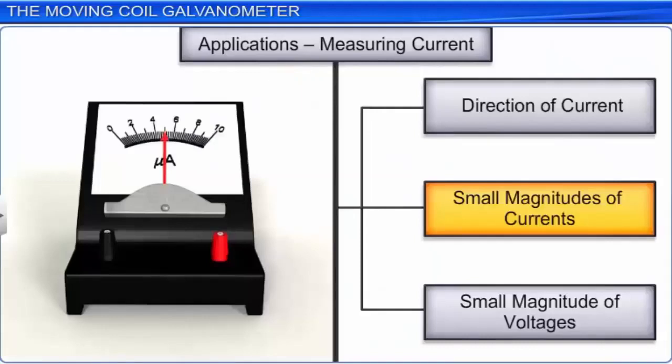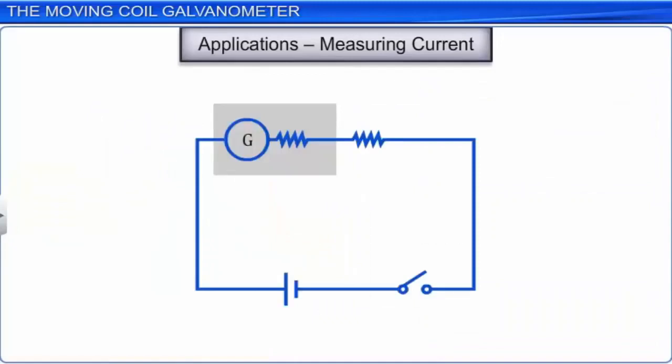A galvanometer is also used to measure small magnitudes of currents in a given circuit by connecting it in series. For simplicity, let us consider a circuit diagram where the galvanometer is denoted as G. As the galvanometer consists of the long coil, it has some resistance.